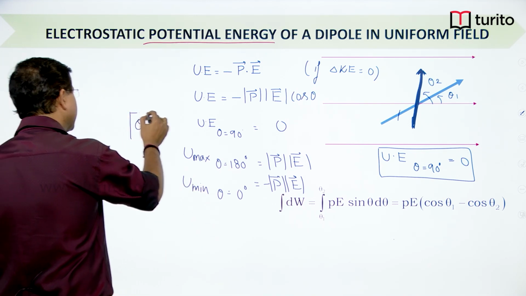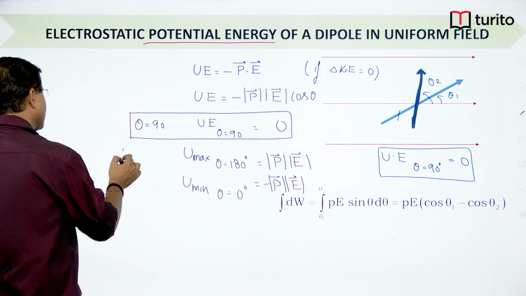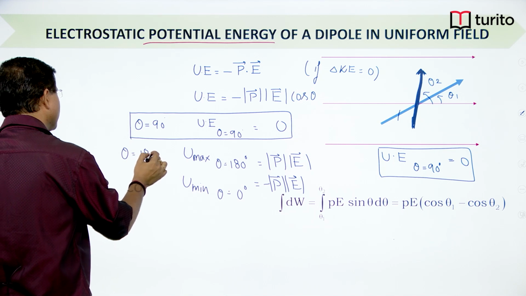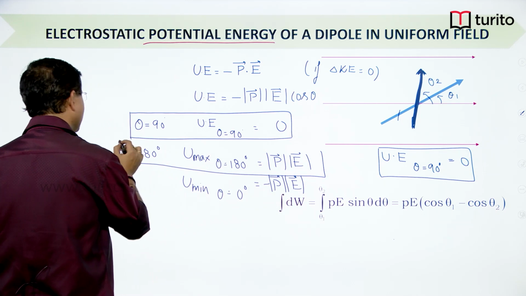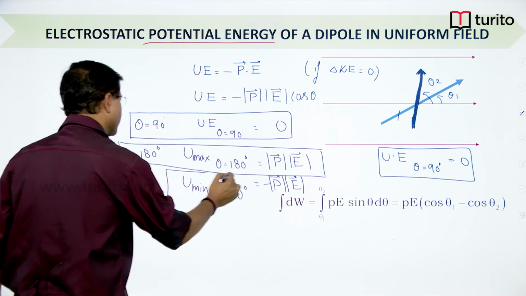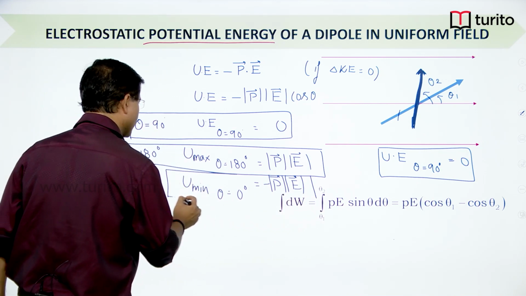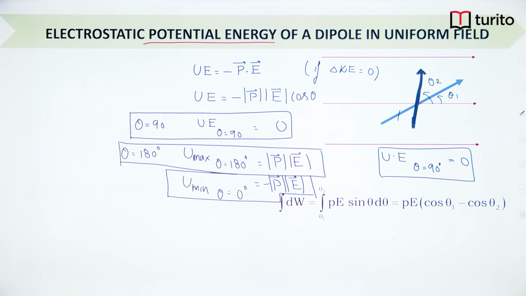So this is for 90 degree, this is for 180 degree, and this is for theta equal to 0 degree, right, minus PE.